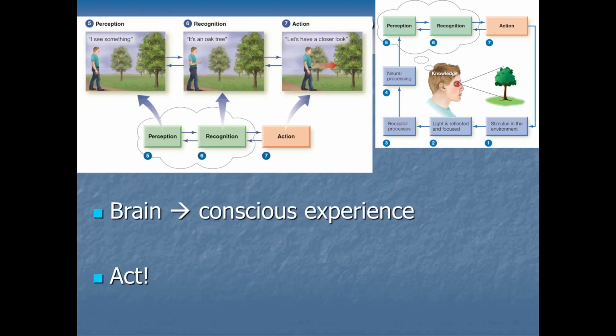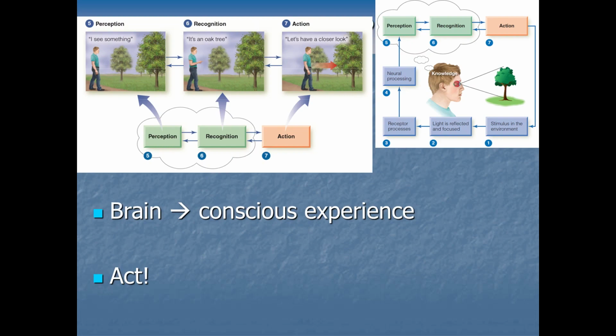Now, that top stuff in our whole perceptual process here, the top layer, the perception, the recognition, things like that, that has to have the brain. We have to have the brain in order to have conscious experience, to realize that I'm seeing something, and specifically to realize, oh, that's a tree that I'm seeing in front of me, that I've now made sense of that distal stimulus.